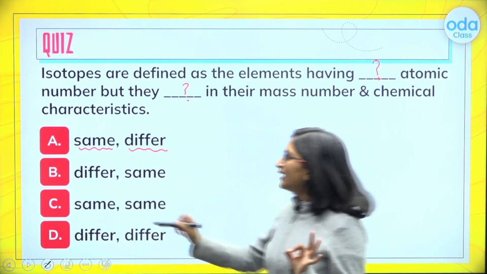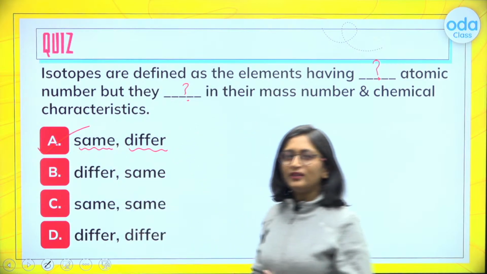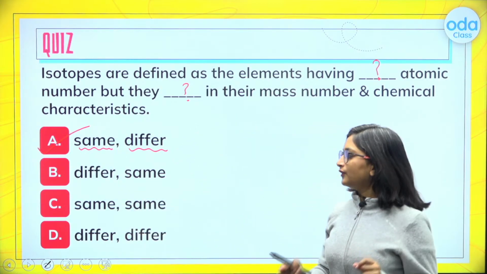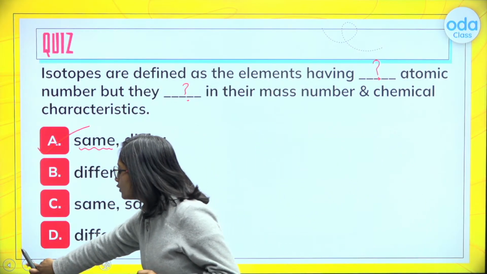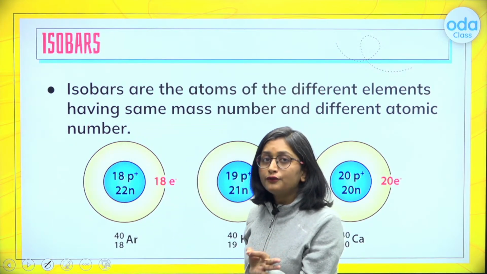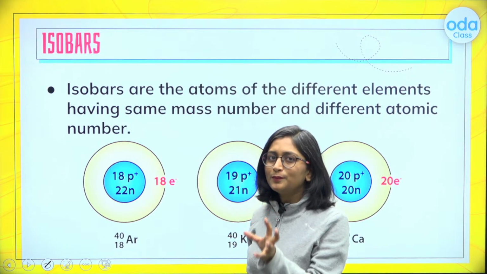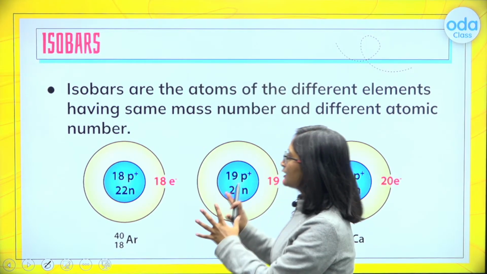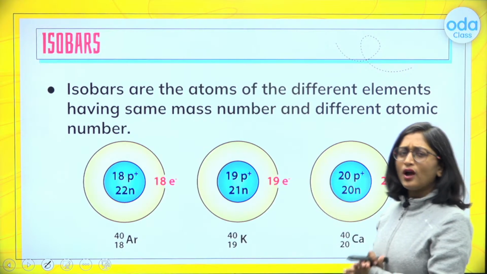So option A goes well with the question's demand. In case of the isotope, what would be the same? The atomic number. In case of the isobar, what would be the same? The mass number.